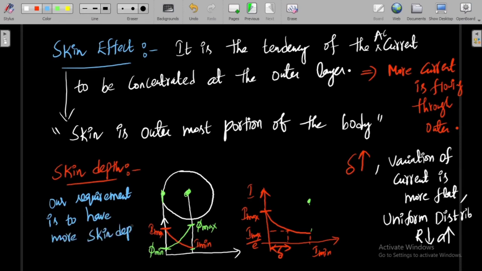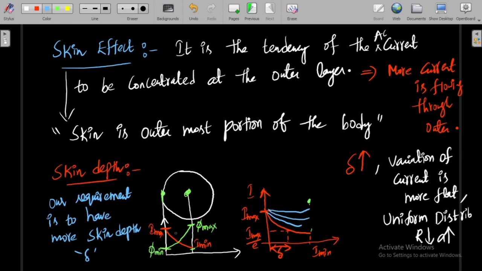When you have more skin depth, which is represented with delta, what happens? If you increase this delta value, it becomes more and more flat. When it is more flat, it means that the current distribution is uniform. When the current distribution is uniform, you need to consider the total area.